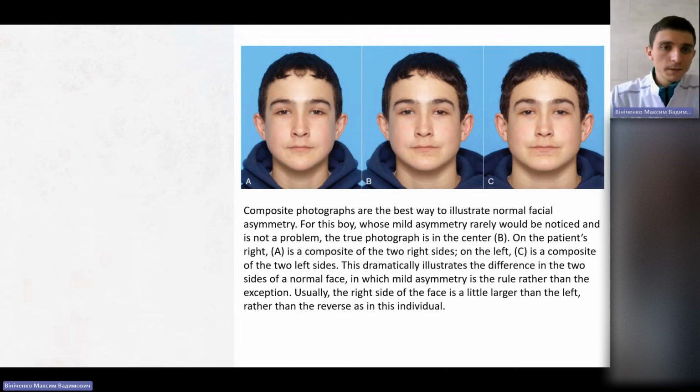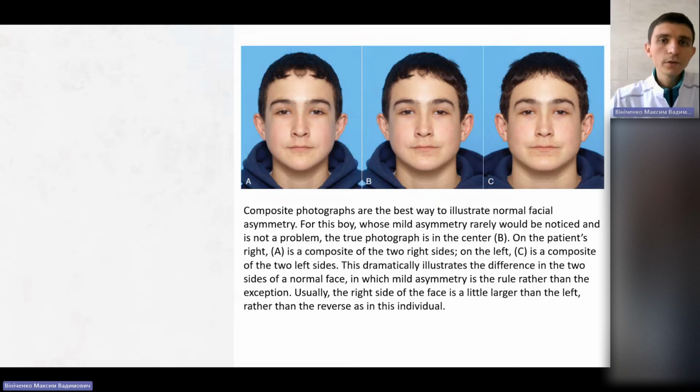Composite photographs are the best way to illustrate normal facial asymmetry. For this boy, whose mild asymmetry would not really be noticed and is not a problem, the true photograph is in the center. From the left side, on the patient's right, is a composite of the two right sides, and here is the patient with the two left sides.